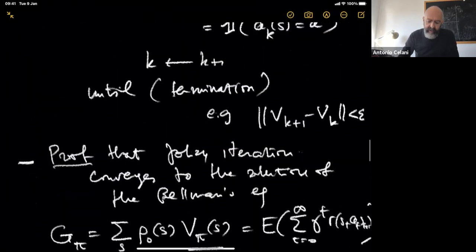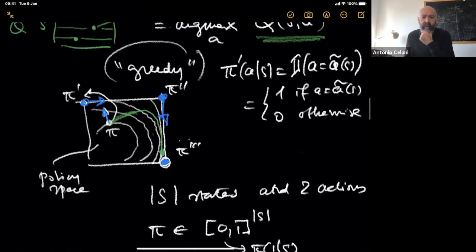We've seen that there is one possible way of exploiting the knowledge of the gradient of our objective function in policy space, and it is through this policy iteration algorithm, which basically sends the policy to the corners of our policy space, and then jumps from one corner to the other according to the direction of the local gradient. And this is guaranteed to terminate the search in the corner which has the largest value of our objective function, which corresponds to the solution of the Bellman's equation.